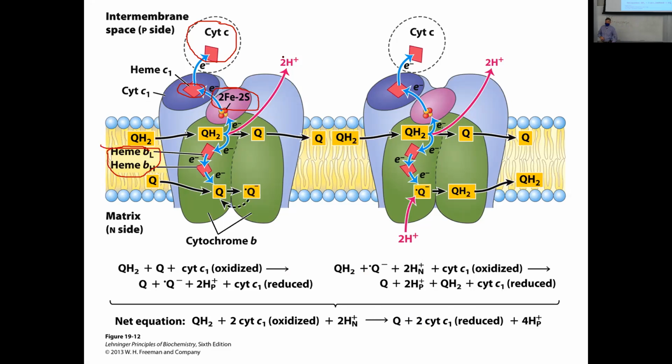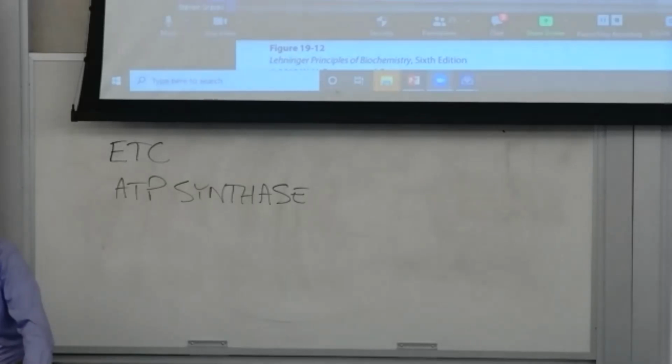And so it turns out that there are 2 separate pathways. So those 2 electrons arriving with QH2, one goes one way and the other goes the other way. And so I'm going to actually go to the board and talk a little bit about this.